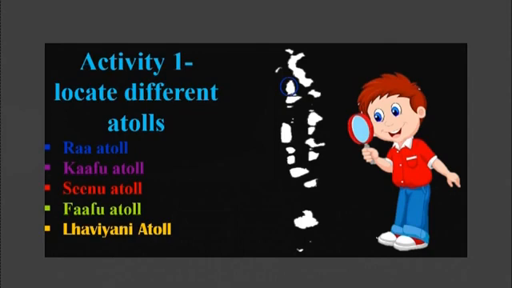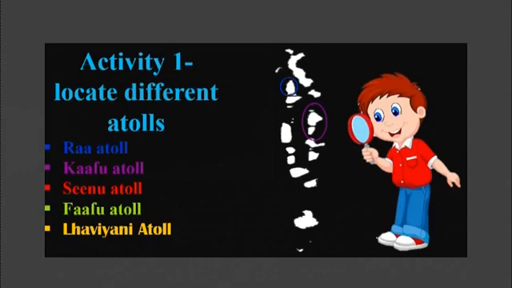And what about Kaafu Atoll? Which color will we use to find out the Kaafu Atoll? Yes, we will use the purple color. Good. And where is Seenu Atoll? Yes, it's in the south.